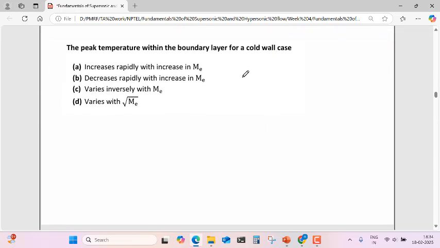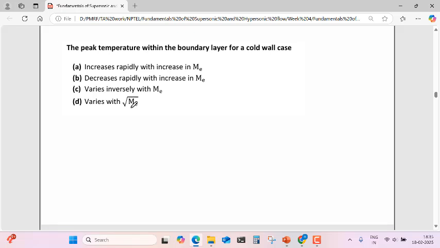Then the next question is: the peak temperature within the boundary layer for a cold wall case increases rapidly with increase in Mach number ME, decreases rapidly with increase in ME, varies inversely with ME, or varies with the square root of ME.